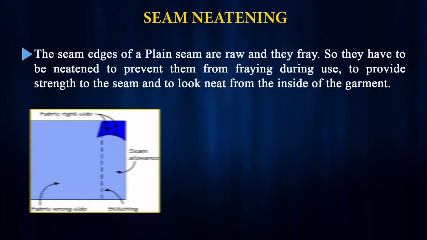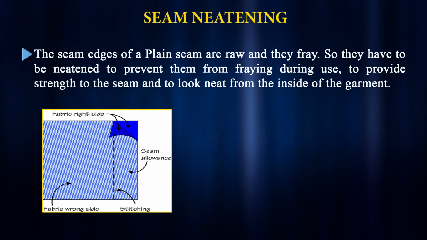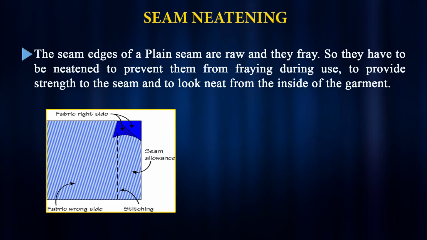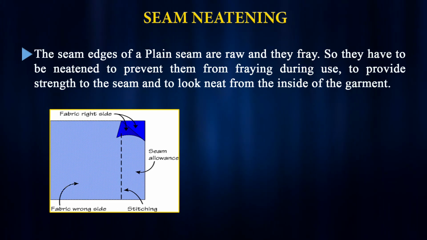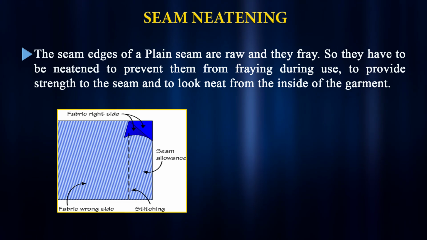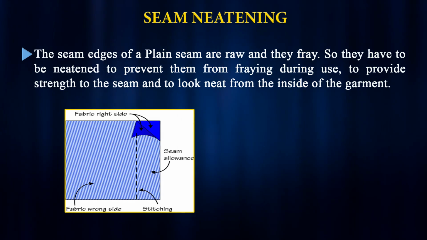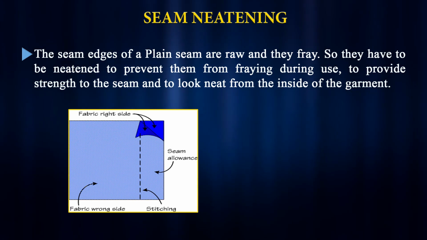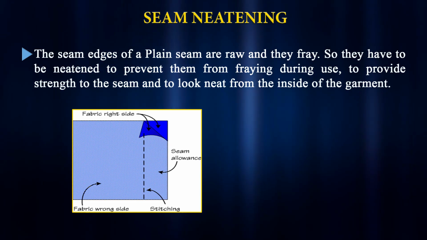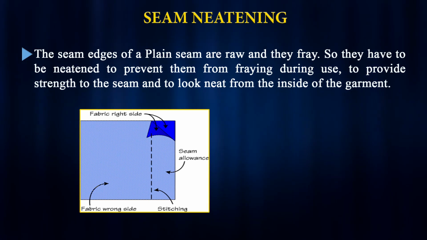Then what is seam neatening, or finishing, as we say. The seam edges of a plain seam are raw and they fray. So if you see in the picture, if we have done the stitching, which is plain stitch, and we leave it like that only, we do not do any seam finishing or neatening, what will happen is the fabric will fray, or the edges of the fabric will come out after some time.